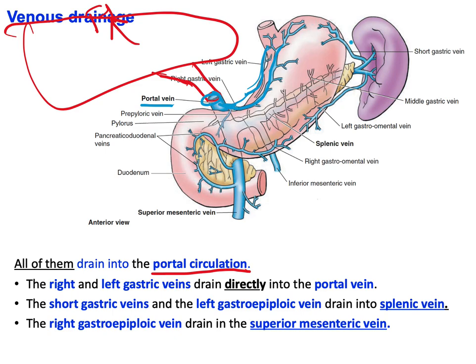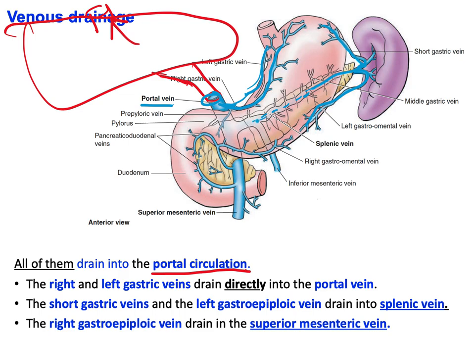Okay, let us jump here now. You remember the short gastric artery, but here we have the short gastric vein. The short gastric vein drains into the splenic vein, and also the left gastro-omental or left gastroepiploic drains into the splenic vein. So this is the splenic vein behind the stomach. It receives blood from the inferior mesenteric vein.